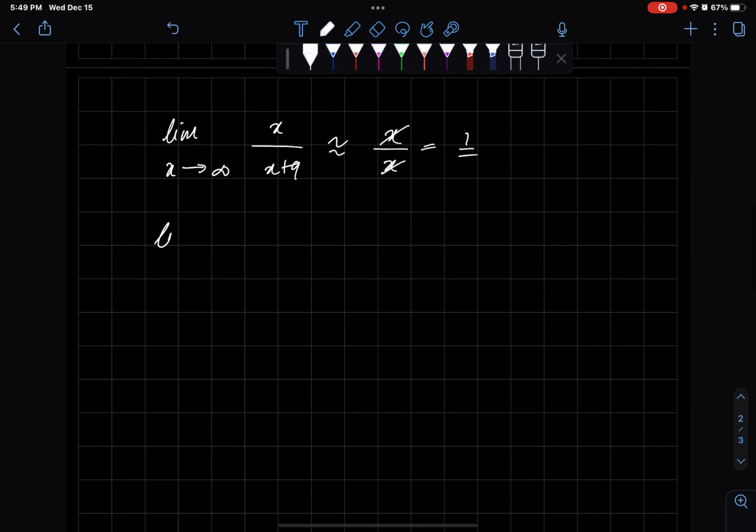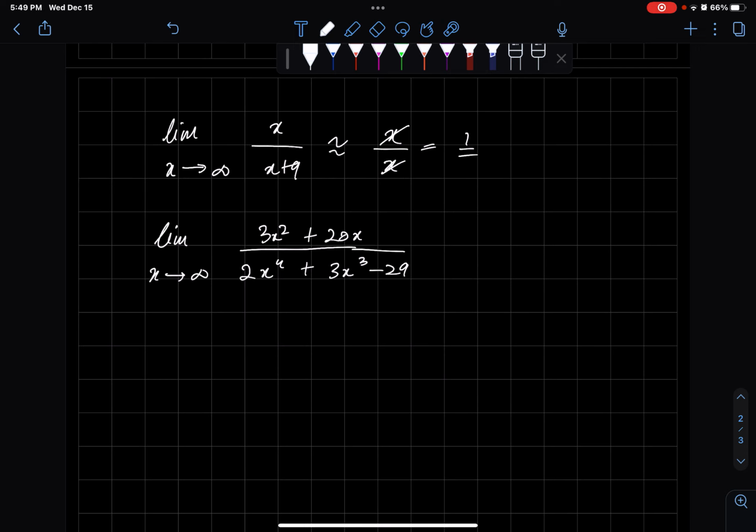Let's evaluate the limit as x approaches infinity of 3x squared plus 20x divided by 2x to the 4 plus 3x cubed minus 29.